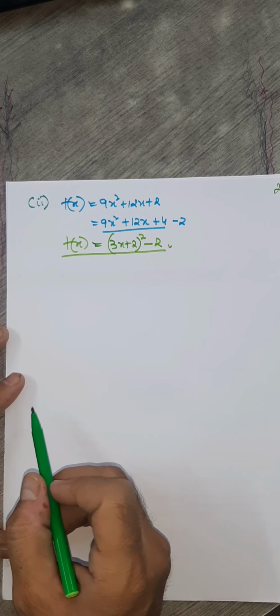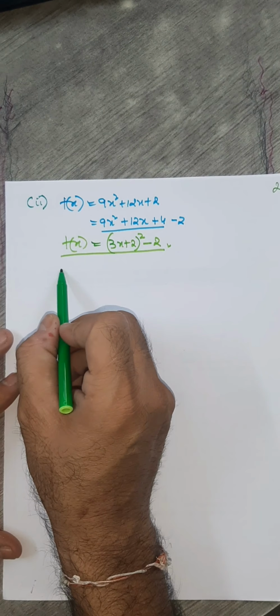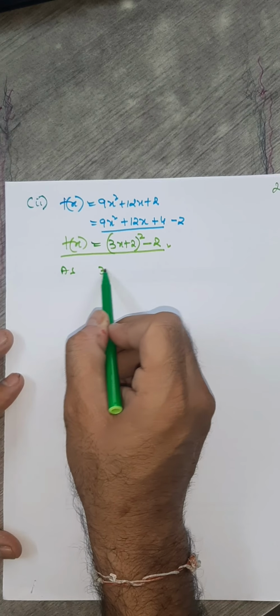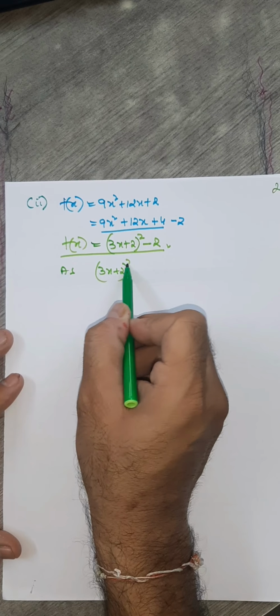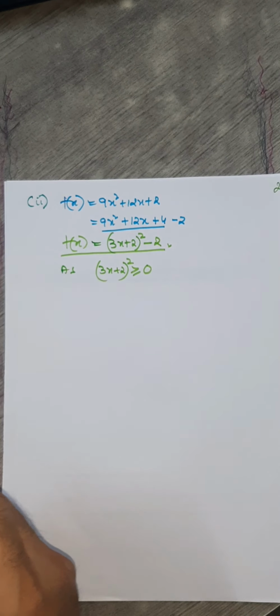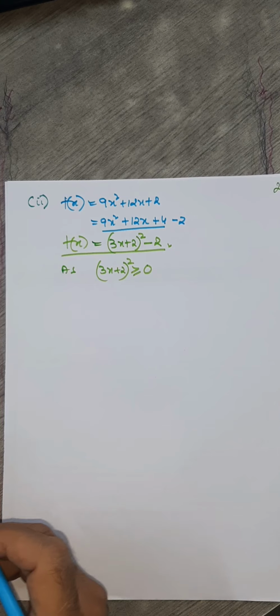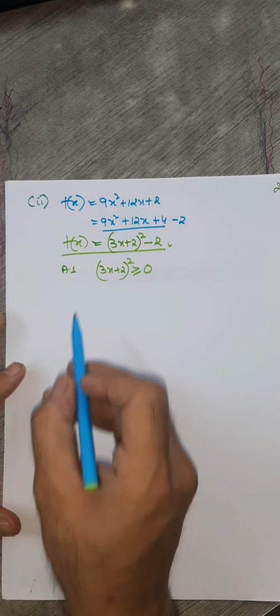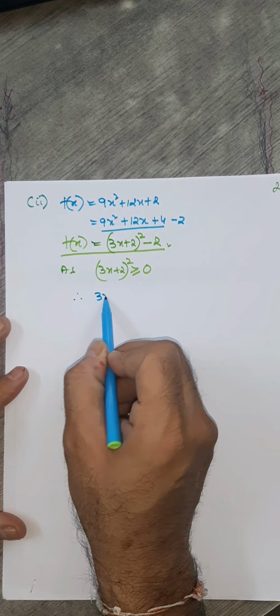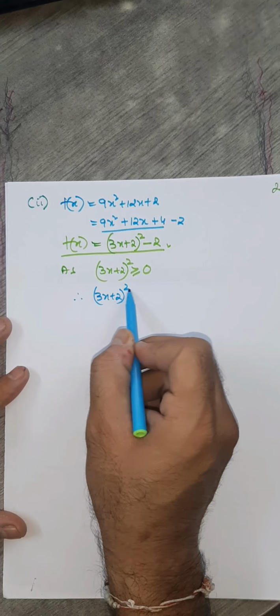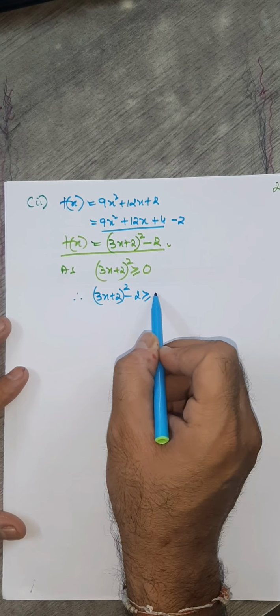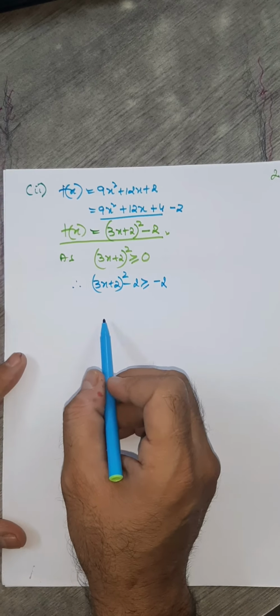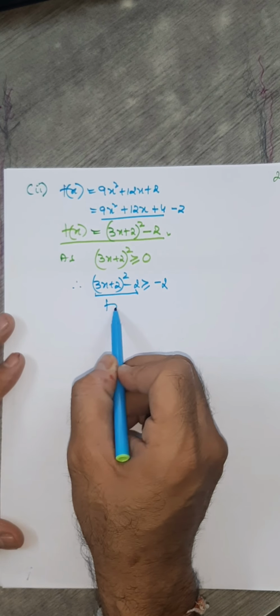Fine. Now here, being squared, this is always positive, greater than or equal to 0. What I need? I need minus 2. So we just subtract 2 from both the sides. (3x plus 2) whole square minus 2 is greater than or equal to minus 2. This is f(x).